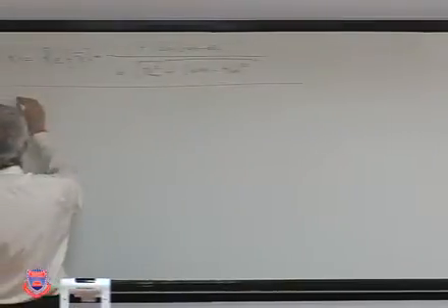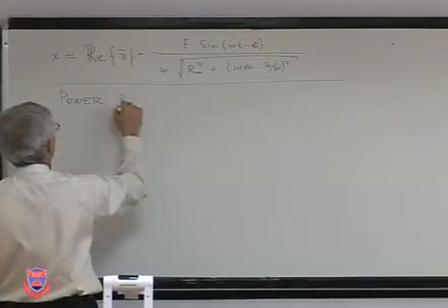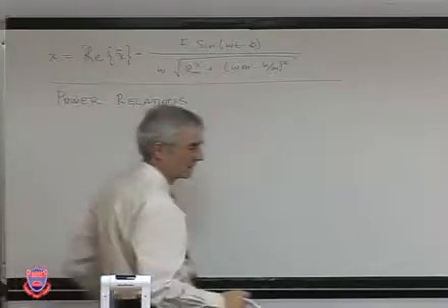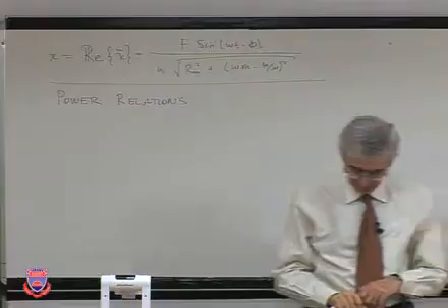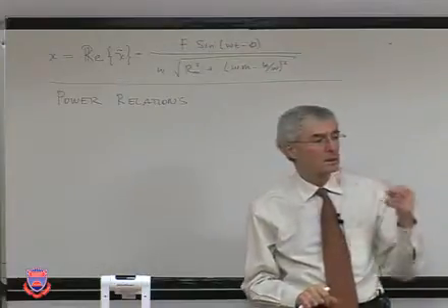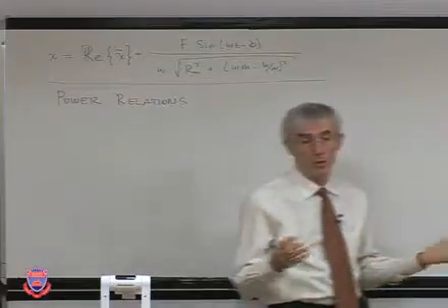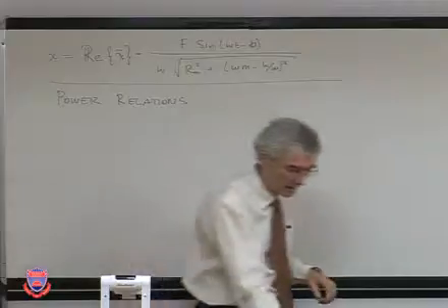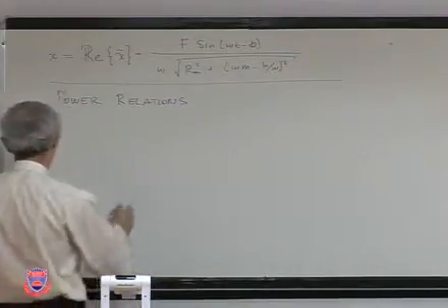The final topic of this portion is the power relations. The instantaneous power supplied to a system in watts, in general, is found as a product of the force and the velocity that it causes.